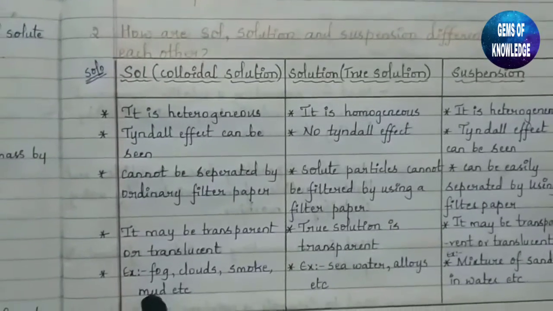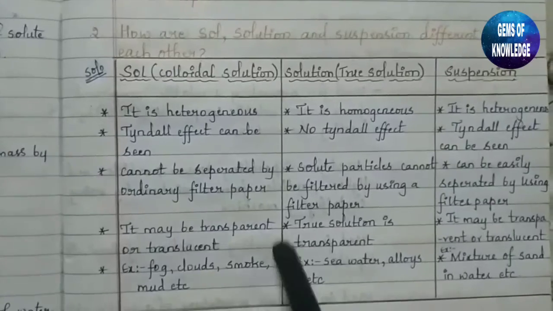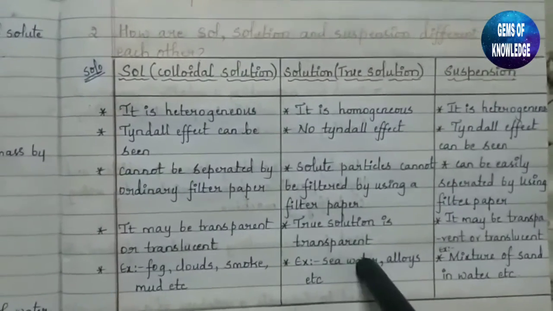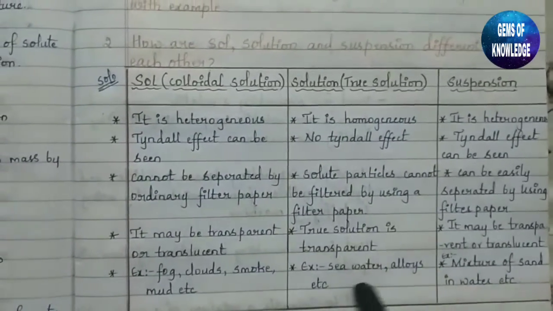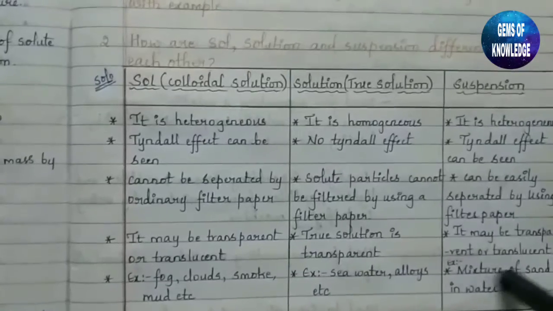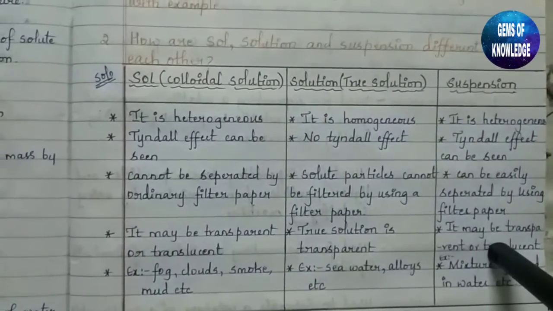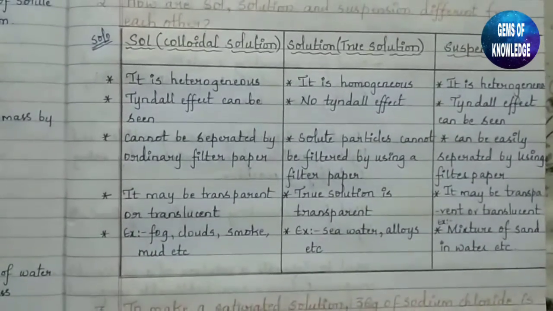Okay. Then examples have been given: fog, clouds, smoke, mud, etc. All these are examples of colloidal solutions, whereas for true solutions they have given seawater, alloys, etc. These are examples of true solutions, and a mixture of sand in water or something similar is an example of a suspension. Okay. I hope this answer is clear.